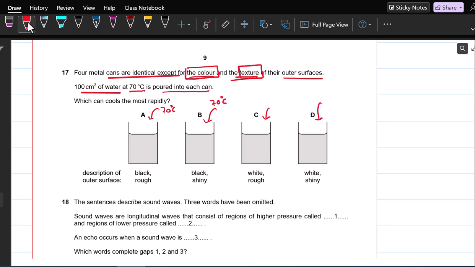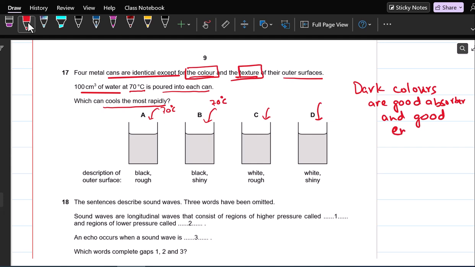Which cools the most rapidly? Okay, remember one thing that dark colors are good absorbers and good emitters as well.